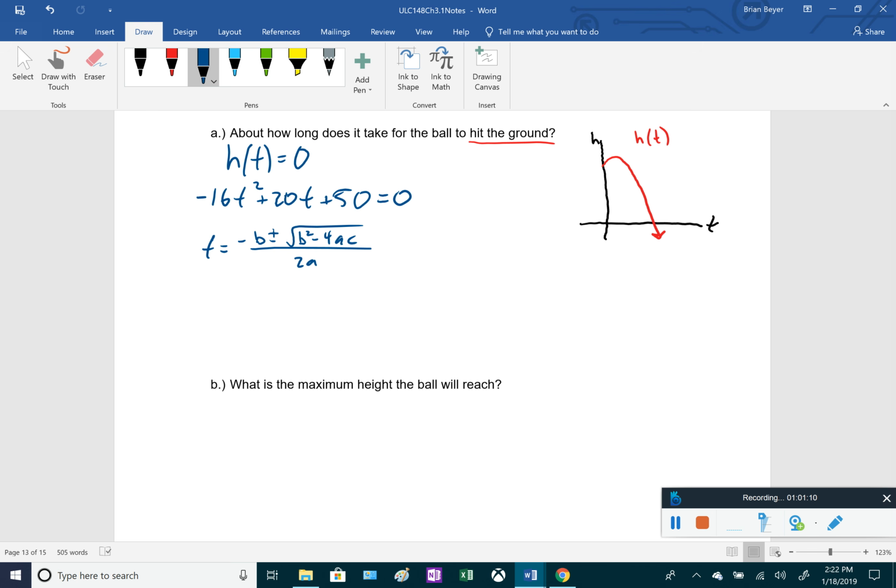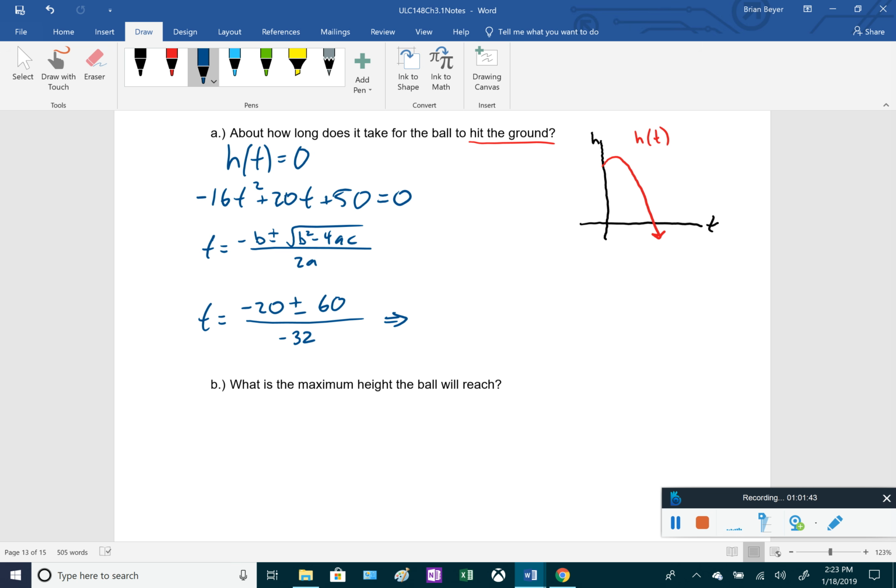If we plug these values in, so a is negative 16, b is 20, c is 50, we would end up getting, I'm just going to skip plugging it in, negative 20 plus or minus the square root of, I believe it's 3600, which is 60, over negative 32.